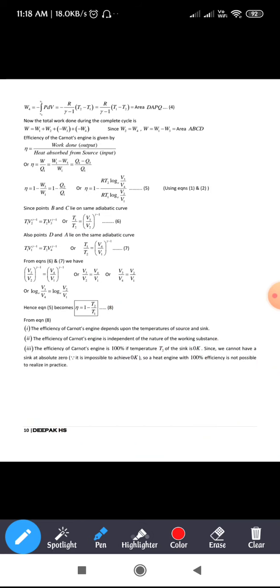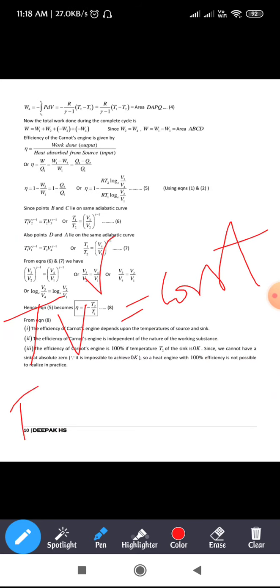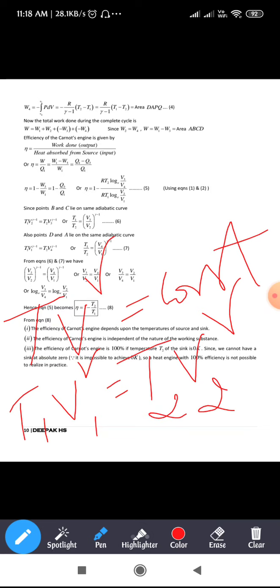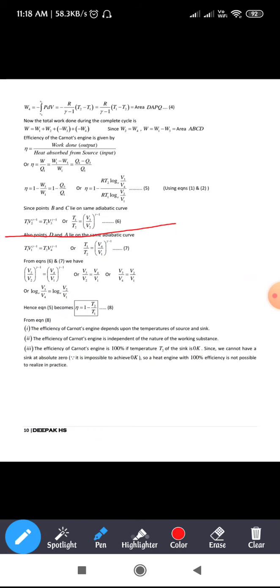Since TV to the power of gamma minus 1 is constant, it can be written as T1 V1 to the power of gamma minus 1 is equal to T2 V2 to the power of gamma minus 1, correct? So with this, we have written the equation T1 V2 is equal to T2 V3. You may ask how did you write that?